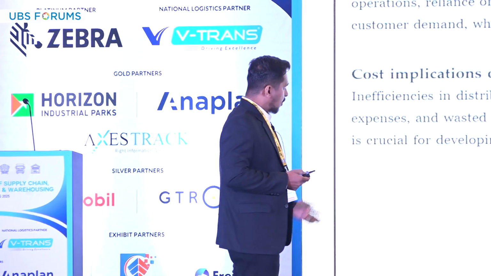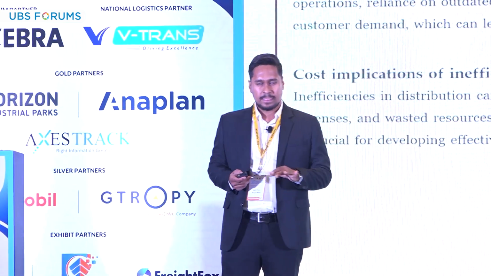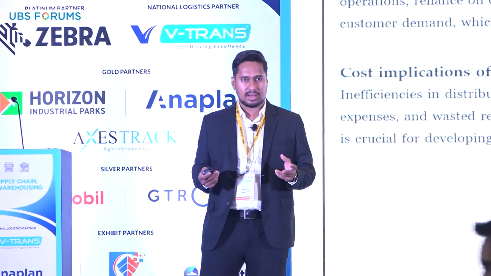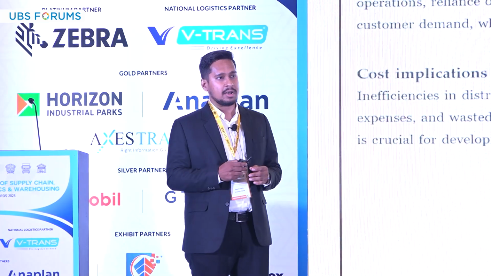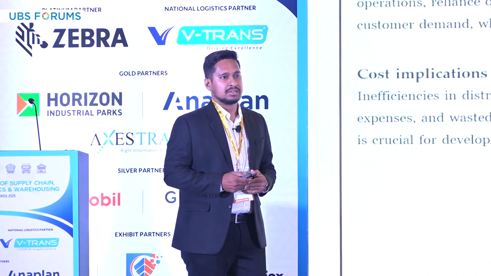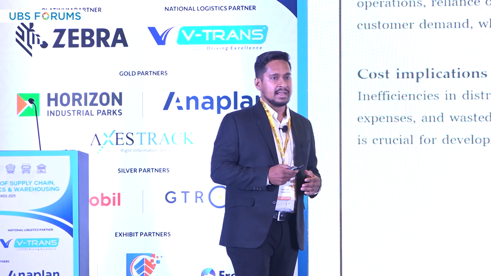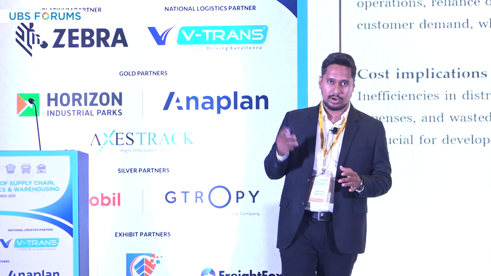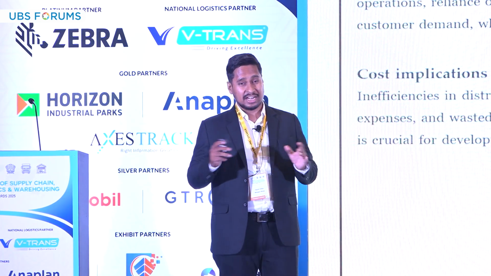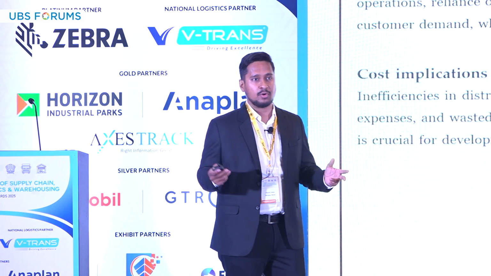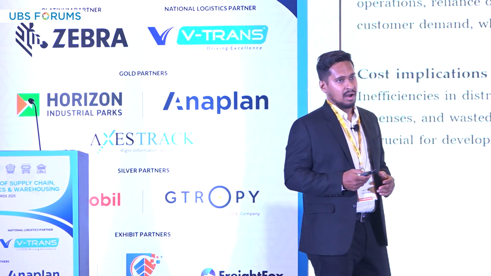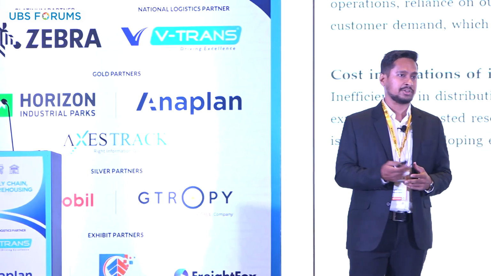Cost implications. Now again, if your distribution network is not made in a manner wherein your customer preferences are satisfied, then the complete operational cost goes for a toss. The complete transportation cost goes high, and it hits your margins basically.